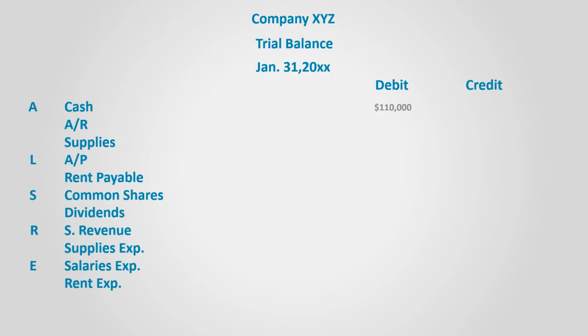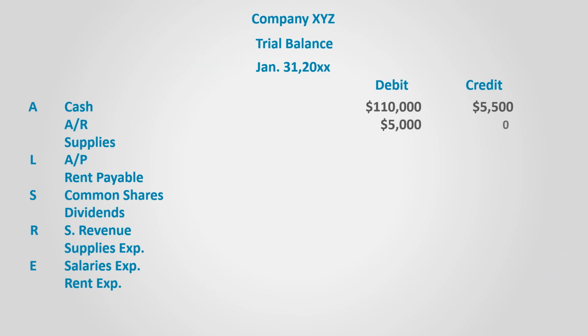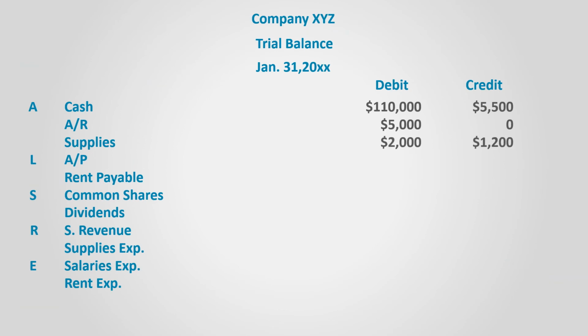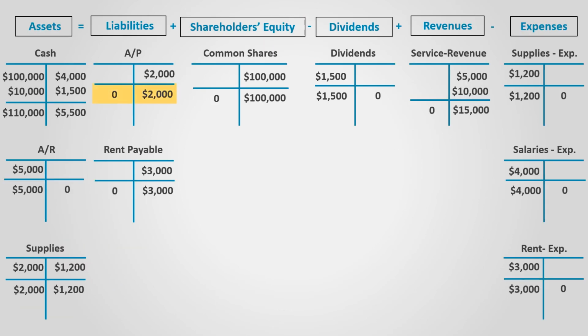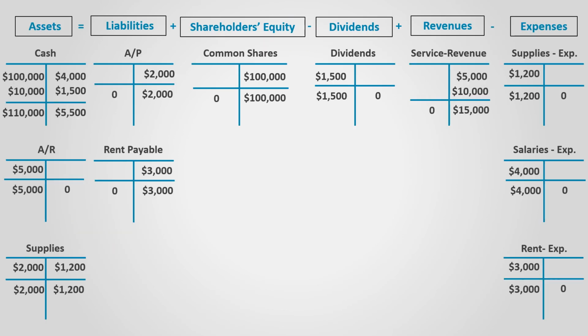Cash $110,000 and $5,500. Accounts receivable $5,000 and 0. Supplies $2,000 and $1,200. Accounts payable 0 and 2,000. Rent payable 0 and 3,000.